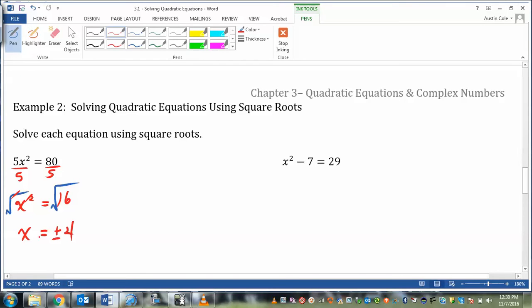Because what's negative 4 times negative 4? It's positive 16. So the square root of 16 really is plus or minus 4. It could be either or. So really now we're getting 2 answers. So instead of just getting 1 answer, we could potentially get 2. Well, guys, when we graphed those, in example 1, weren't we getting maybe 2 answers? Yeah. Okay, x equals positive or negative 4.